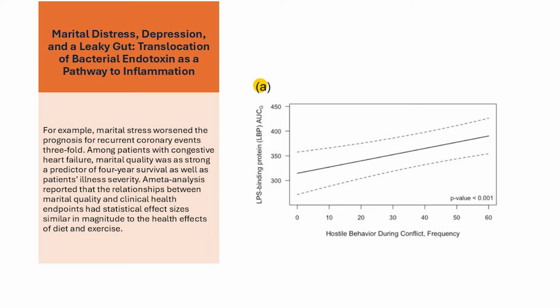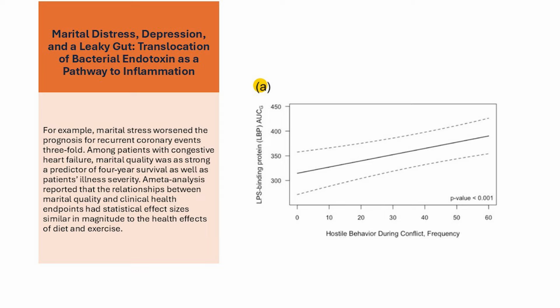This is an experiment to help understand the connection between emotional stress, the microbiome, and disease. In this study, the goal was to get couples arguing over marital hot topics. During these visits, a number of blood markers were taken. You can see in Figure A, we're talking about one of those permeability markers I mentioned earlier, LPS binding protein.